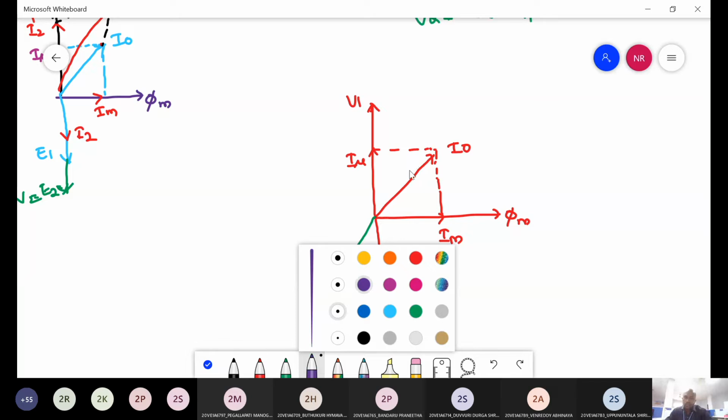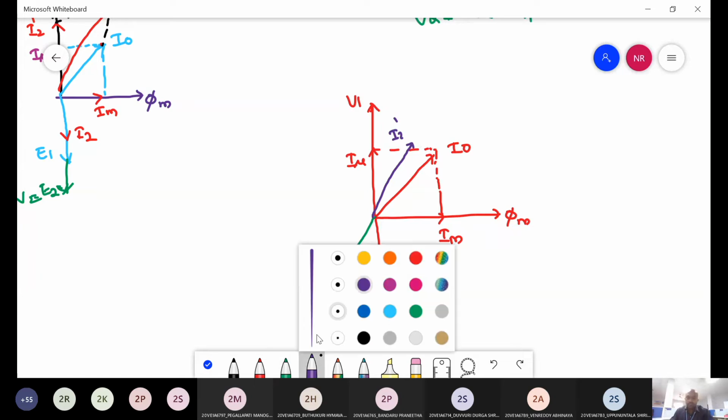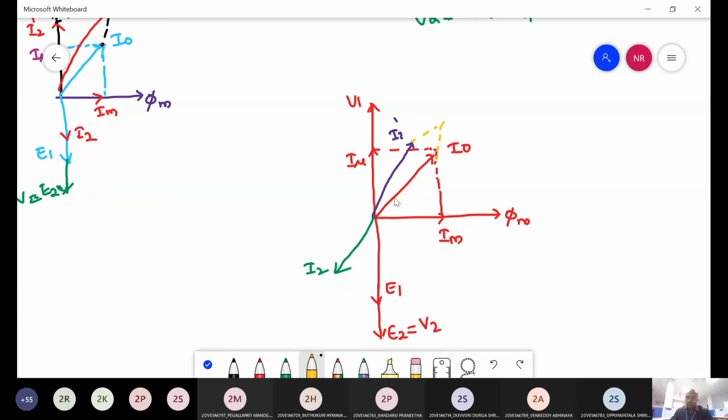So here we have to draw that I2 dash. This is I2 dash. Then the vector sum of these two quantities is your I1.